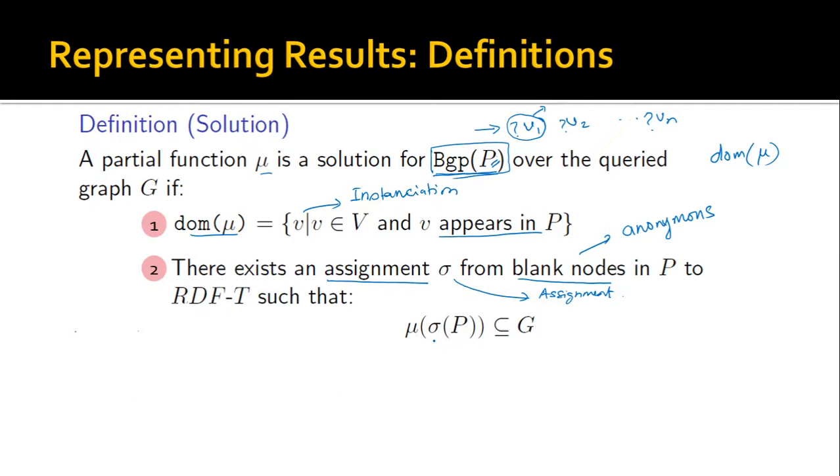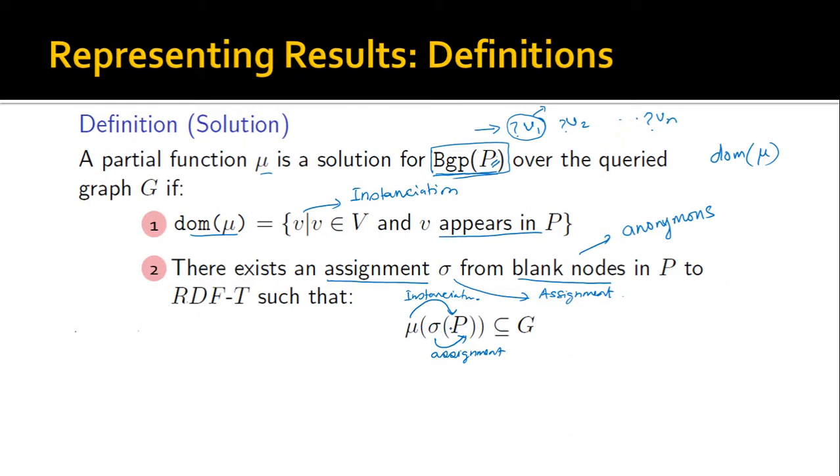So here we are basically doing the assignment, and in this part we are doing the instantiation, right?